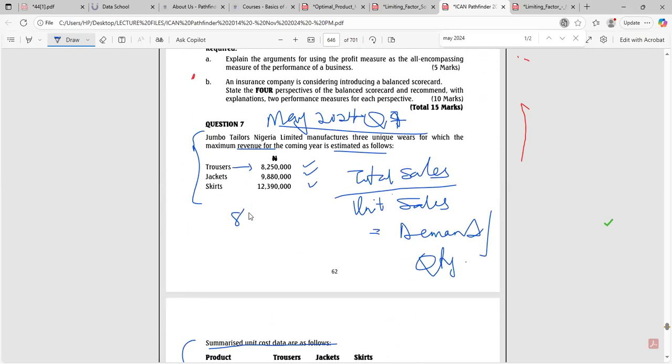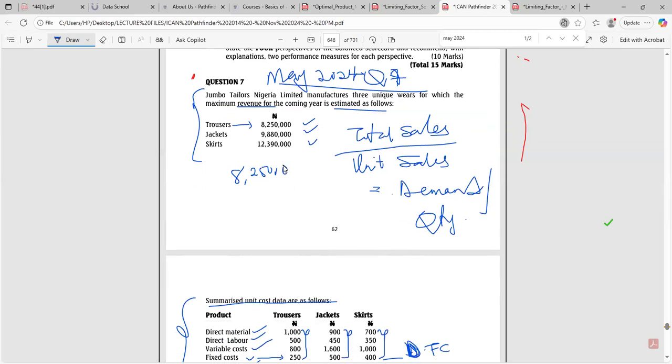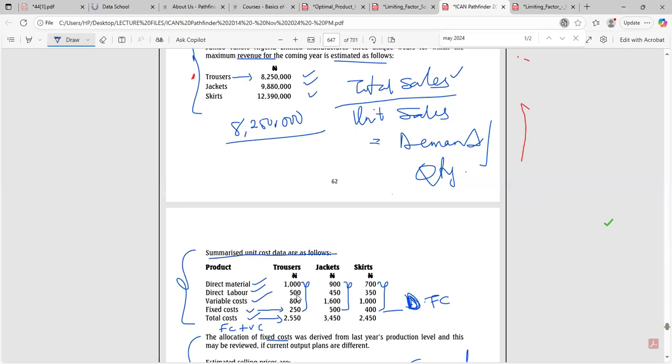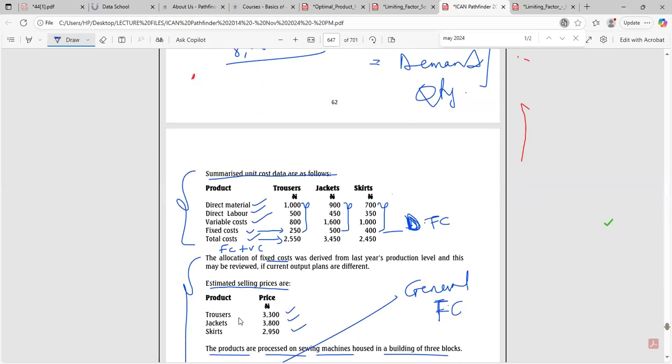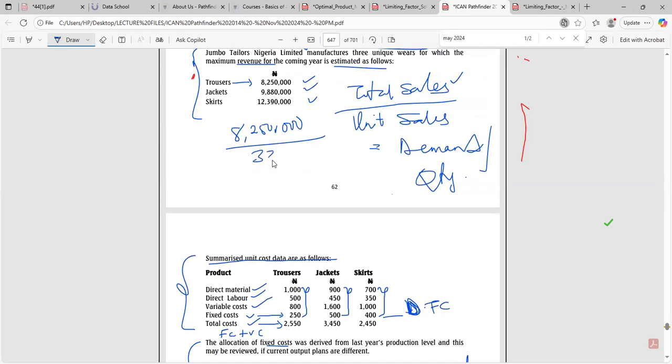Look at the trouser: 8,250,000, which is my total sales, divided by my unit selling price of 3,300. That will give us our quantity. 8,250,000 divided by 3,300.